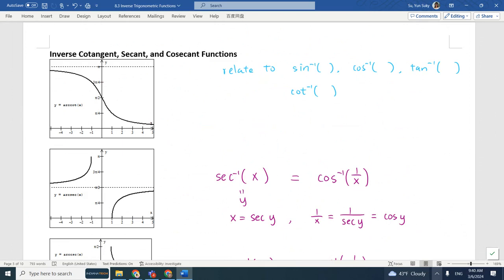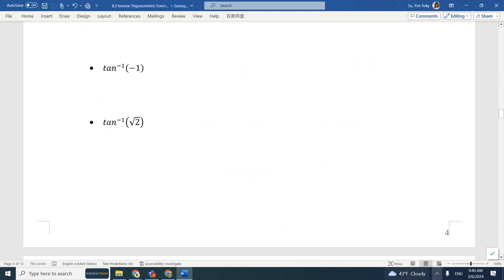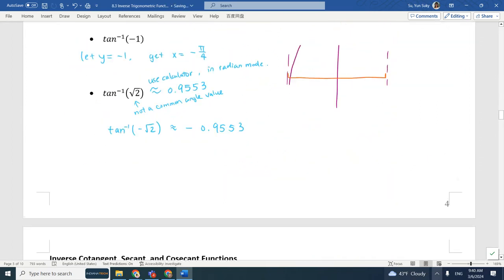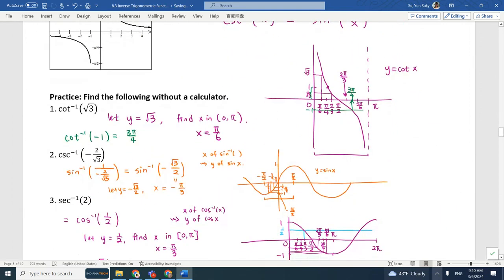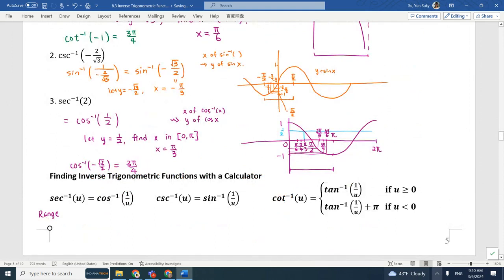So the range of arc secant is 0 to pi over 2, union pi over 2 to pi.